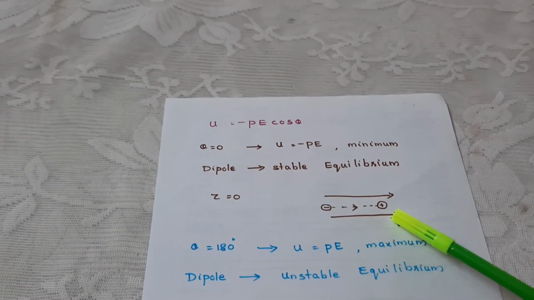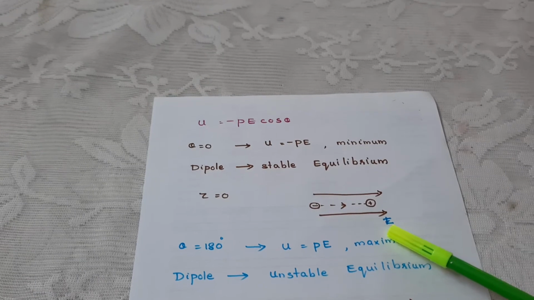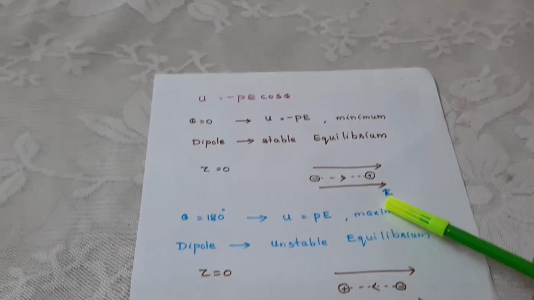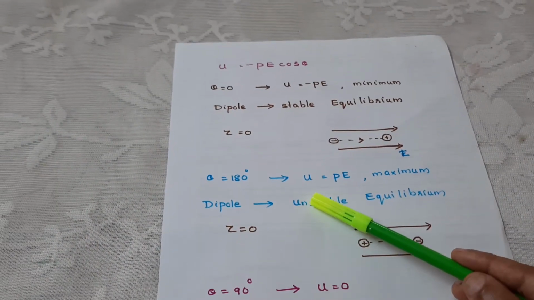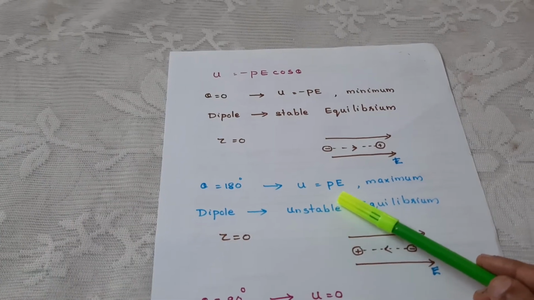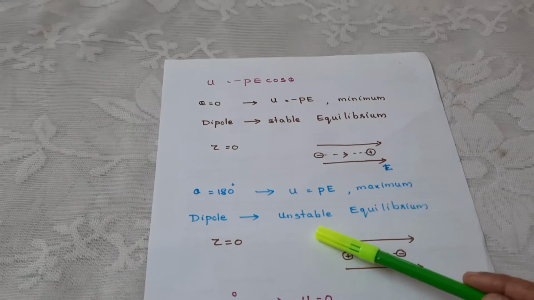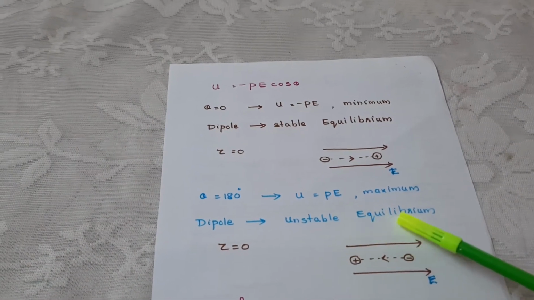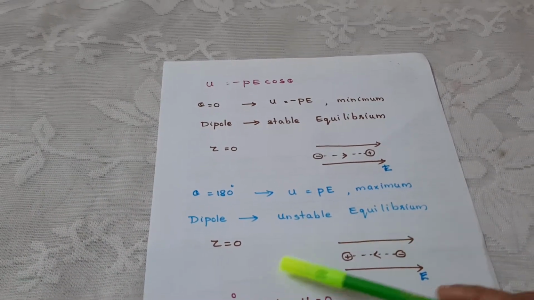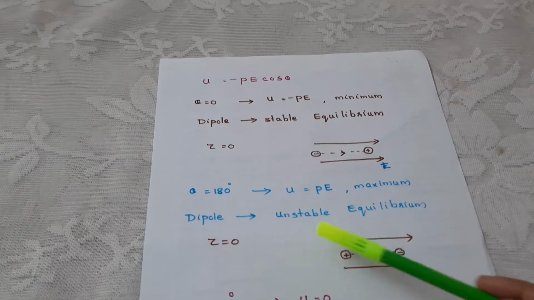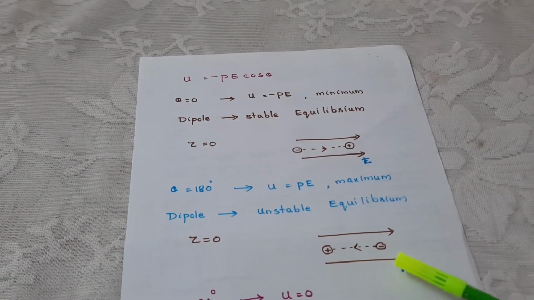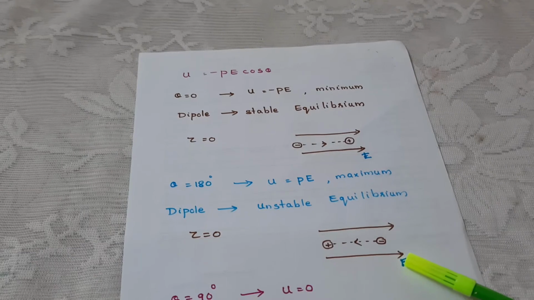The dipole axis is parallel to the electric field. If theta is 180 degree, the potential energy is pE, maximum. Then the dipole is said to be in unstable equilibrium and the torque is 0. The dipole axis is anti-parallel to electric field.